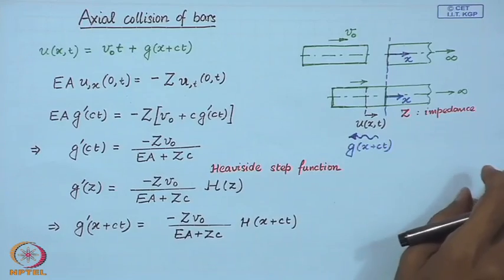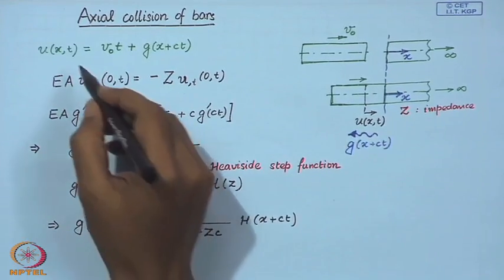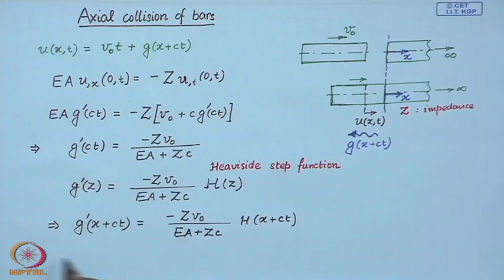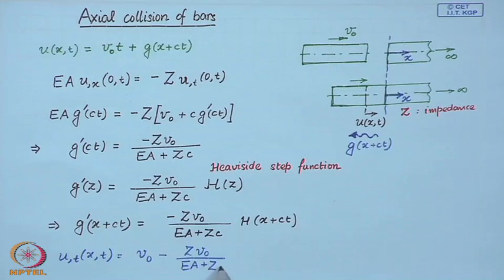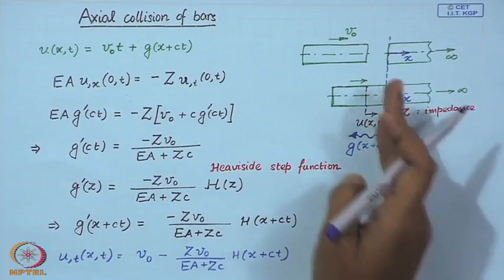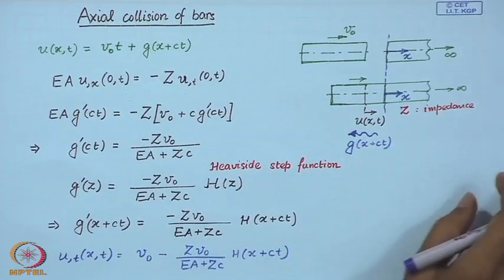One can write down the velocity of the bar at any point. So, that is the velocity wave that propagates in the bar in the negative x direction.